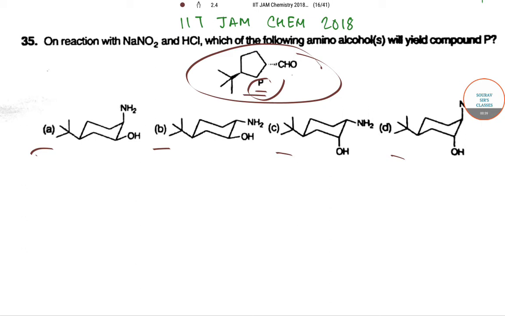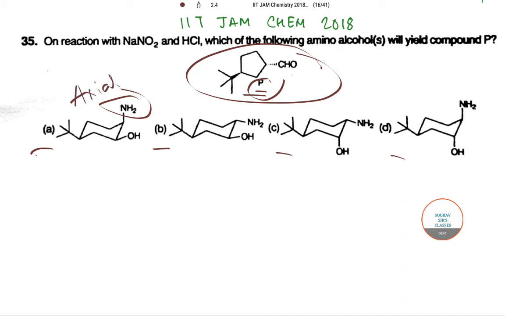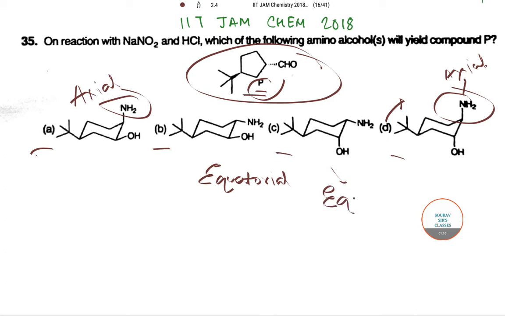First we have to realize that in option A, the NH2 is present in the axial position, and in option D, the NH2 is also present in axial position, whereas in B the NH2 is present in equatorial position, and in C it is also present in equatorial position.